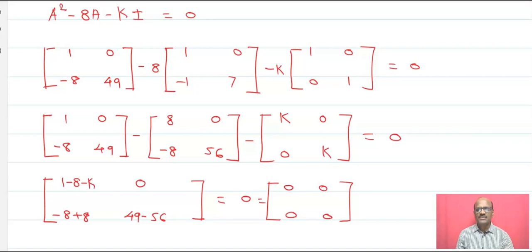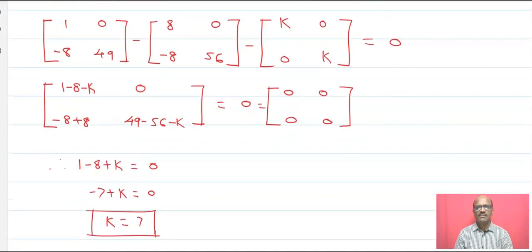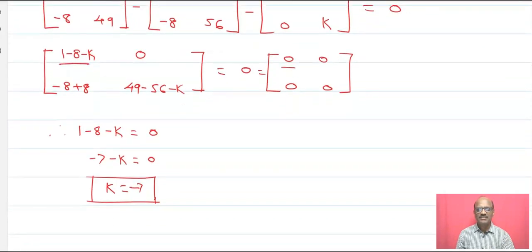Minus sign must be there. Therefore, that is minus 7 minus K is equal to 0. Therefore, K is equal to minus 7. This is the value. Sometimes there is a mistake finally also. And the example is repeated.